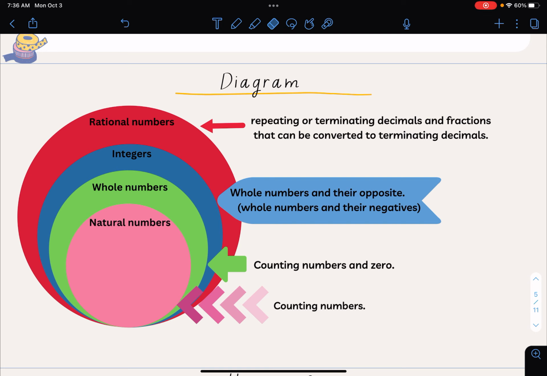So remember, whole numbers include the zero. And then natural numbers, that's just your counting numbers. So for example, your whole numbers would be 0, 1, 2, 3, and so forth. Whereas your counting numbers would be 1, 2, 3, and so forth.